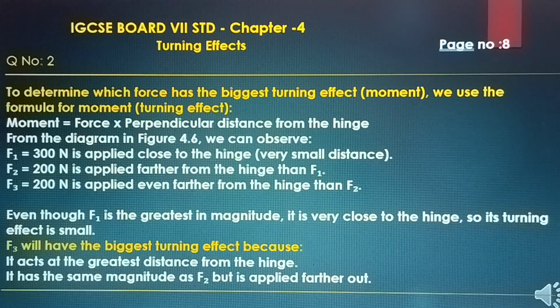Even though F1 is greatest in magnitude, it is very close to the hinge, so its turning effect is small. F3 will have the biggest turning effect because it acts at the greatest distance from the hinge. It has the same magnitude as F2 but is applied further out.